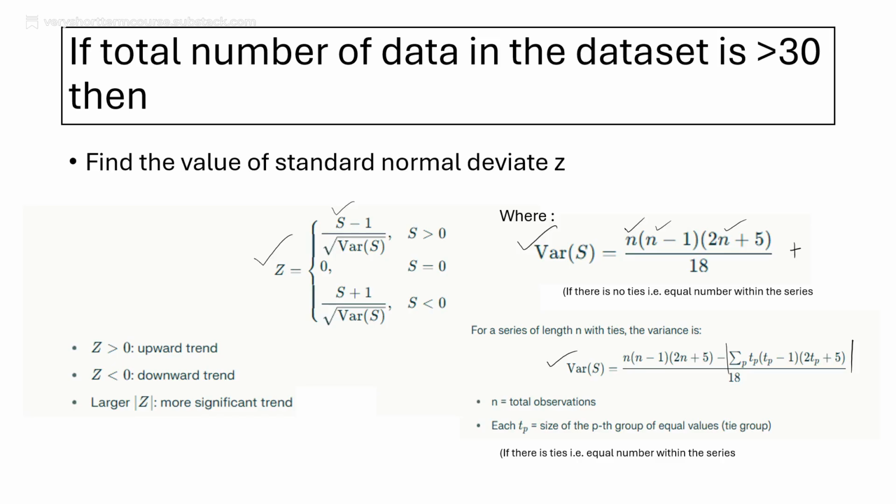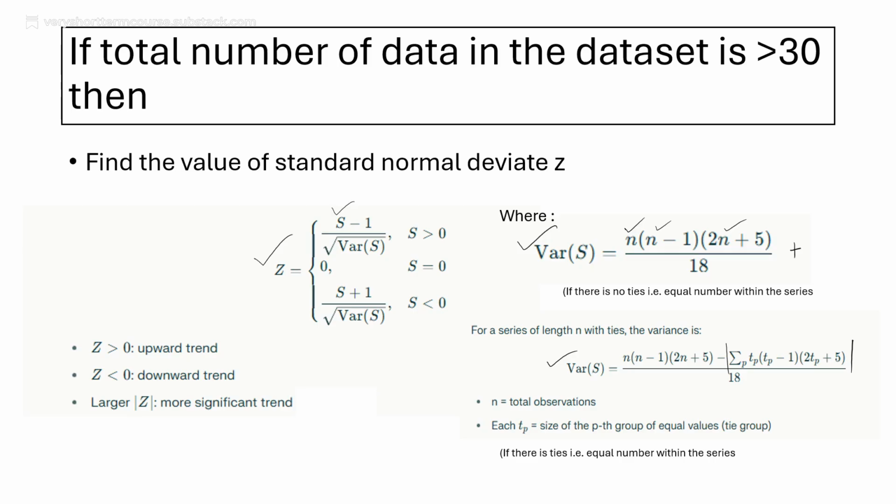Okay, and this t_p is how many tied data there are. If there are two data which are equal to each other, then t will be 2. If there are 3 data which have the same value, then t will be 3, and so on. You just check that the n, the total number of data points, is replaced by the total number of data which are equal.